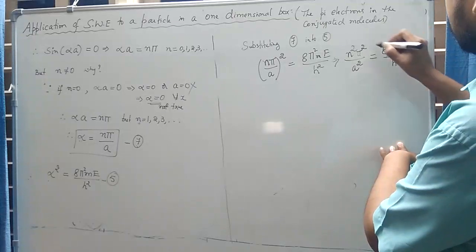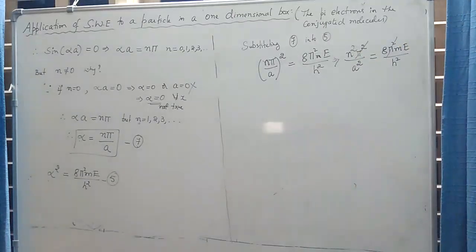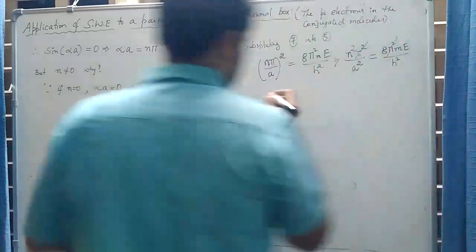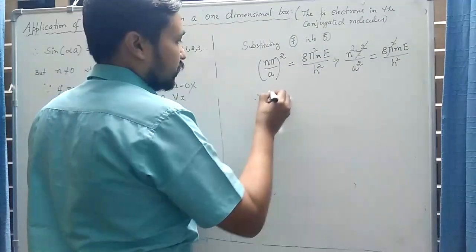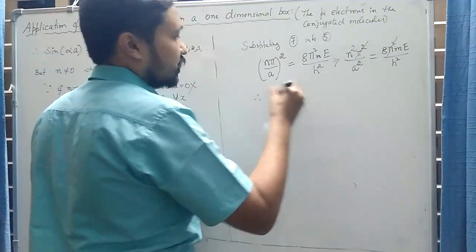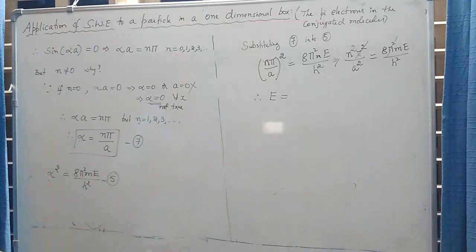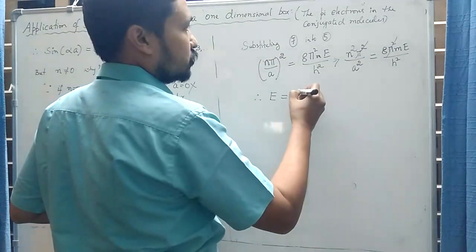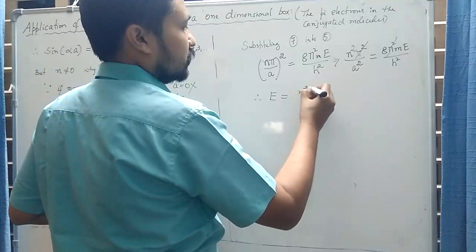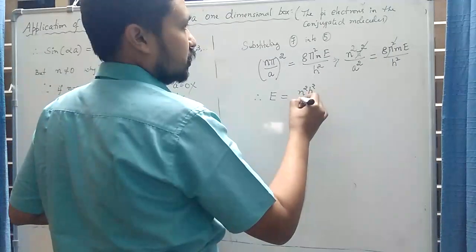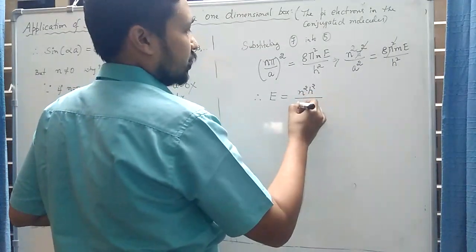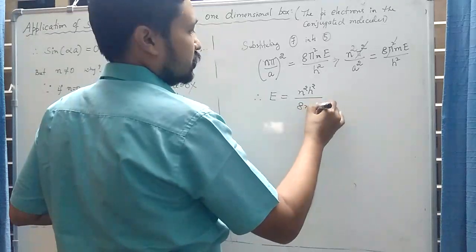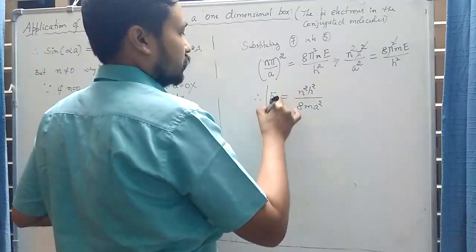So pi square gets cancelled, and if I rearrange this equation we get an expression for energy of the particle trapped in the one-dimensional box. So if I rearrange this equation we get E is equal to n square h square divided by 8 m a square.